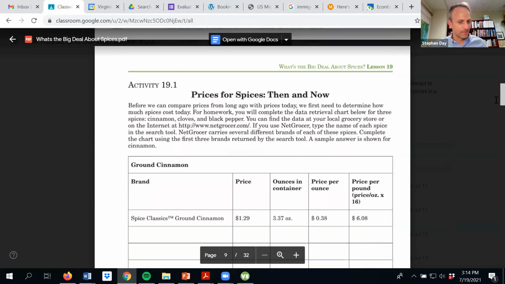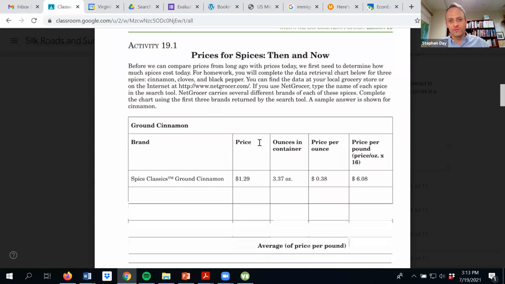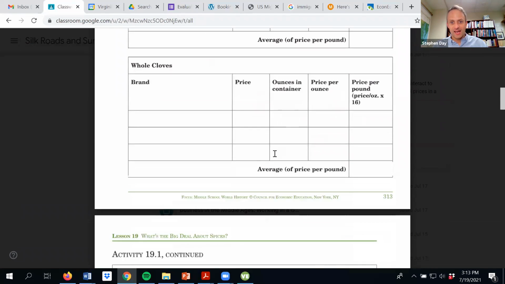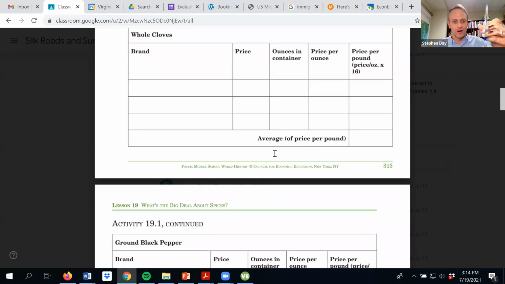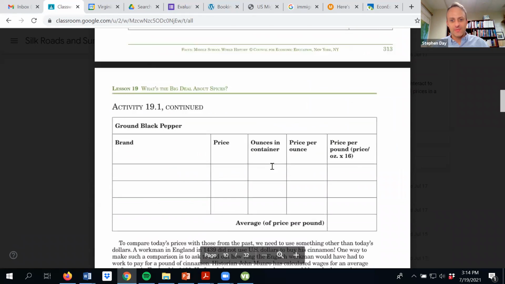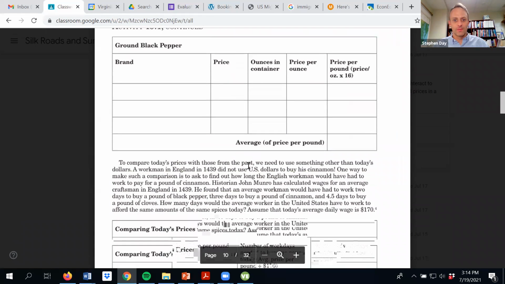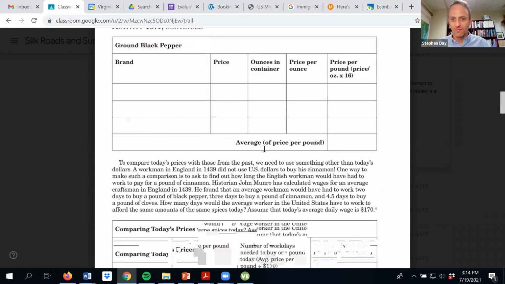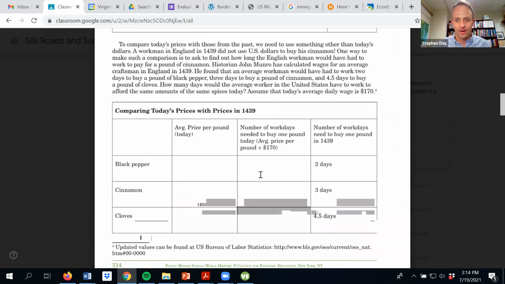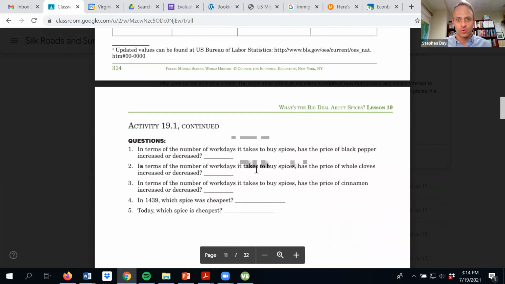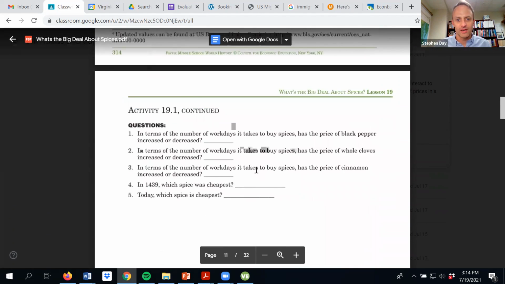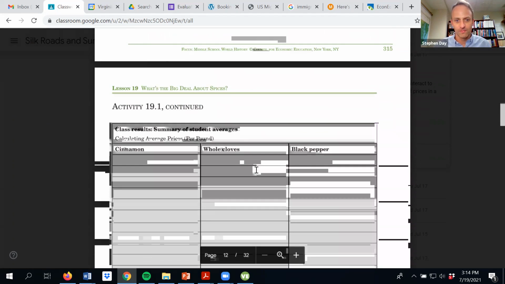This could be a little cumbersome, but they have the students find the prices of spices today and convert those into per ounce, and then have them compare how much work, how much income it would cost to buy spices today compared to back then. So if you have a little bit of a mathy activity, that can be worthwhile. But it really shows that spices were a big deal because they were very, very, very valuable.